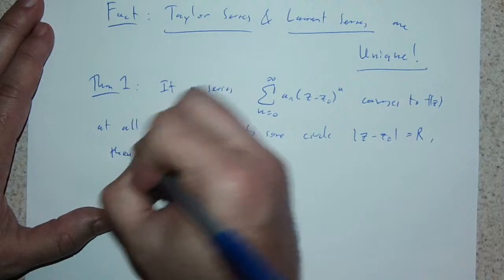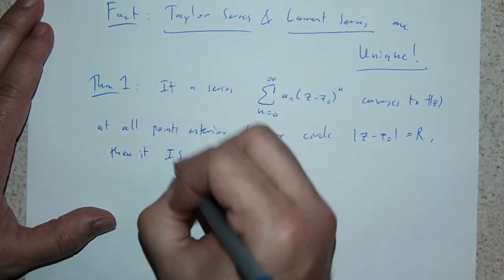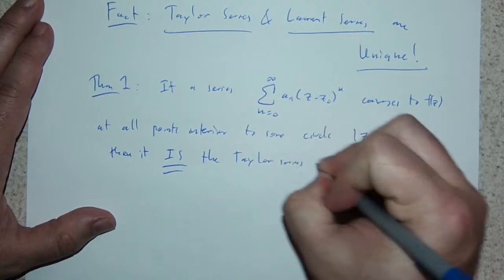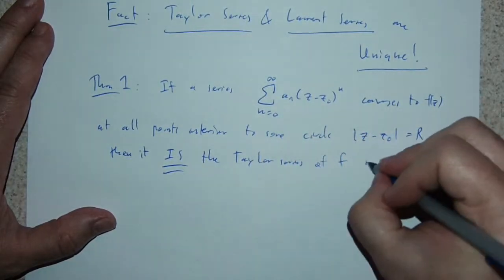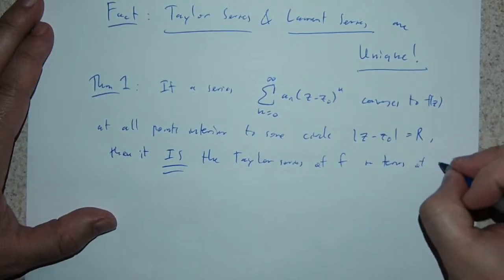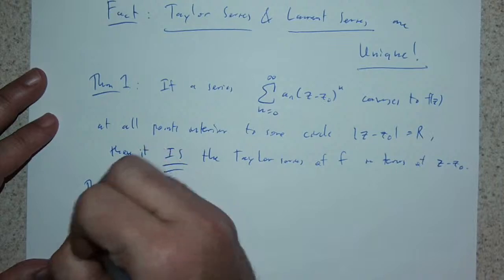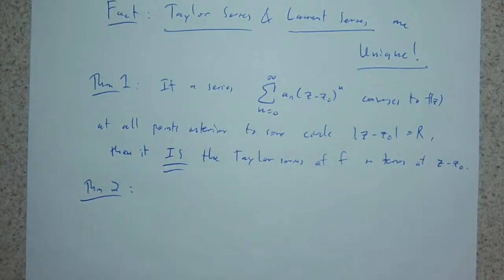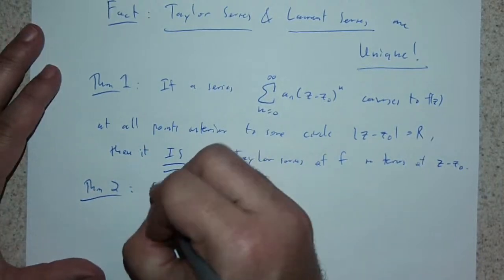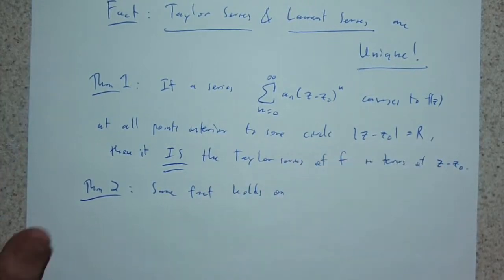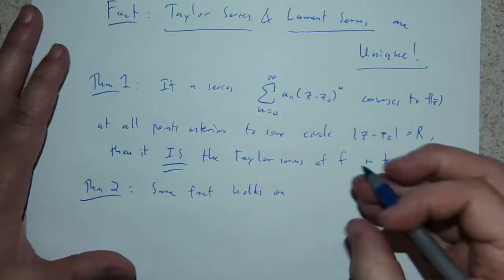Then it is the Taylor series of f in terms of z minus z naught. Okay, that is expanded about z naught. Theorem 2 is that the same fact holds on annular domains for Laurent series. So this holds on annular domains.